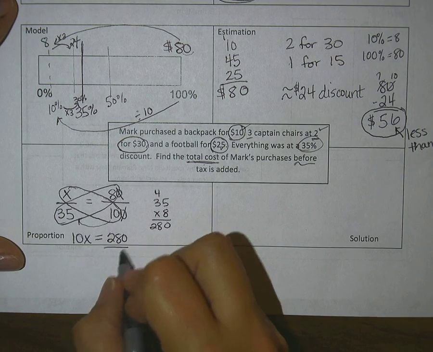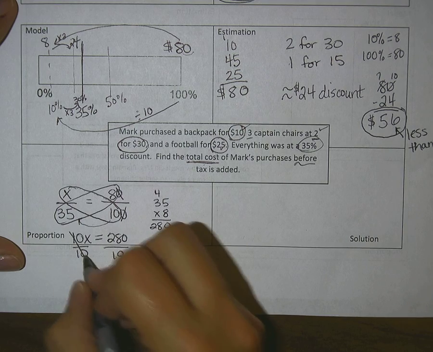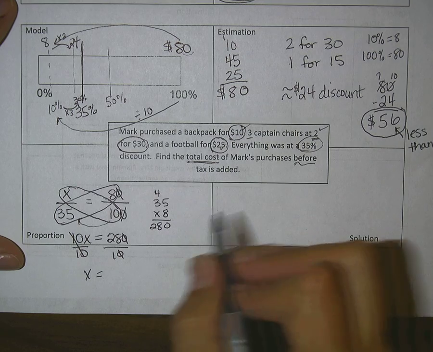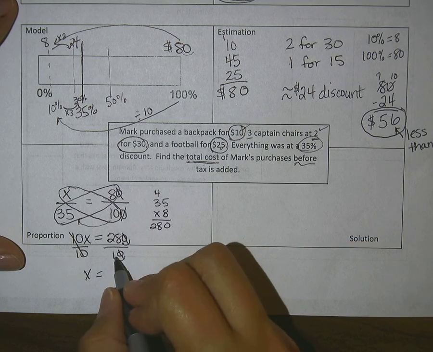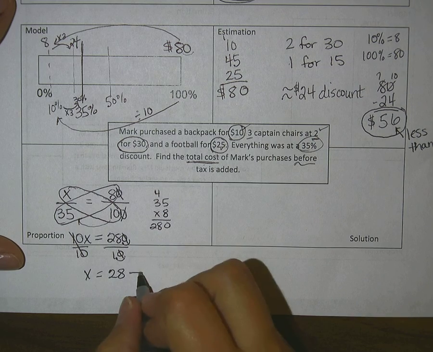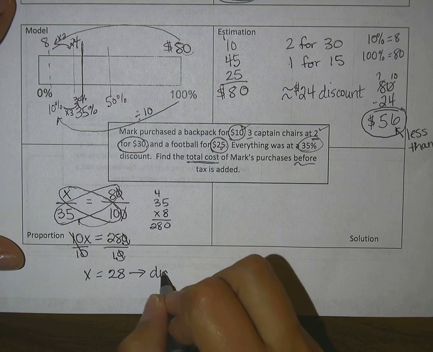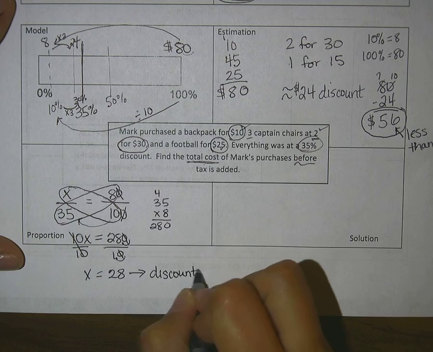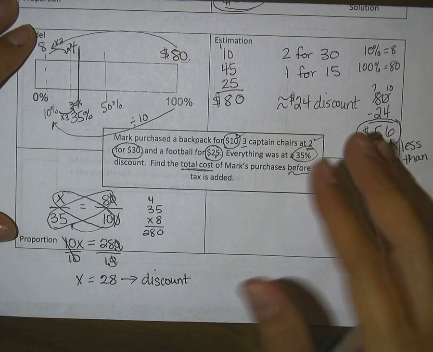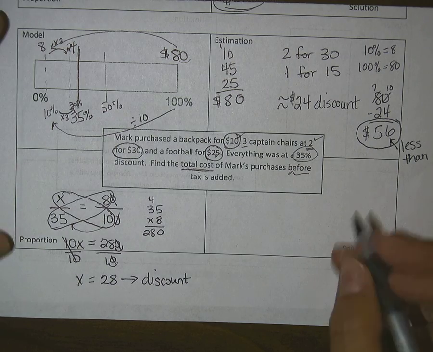And then the last step is to divide by 10 on both sides. Dividing by 10, remember, takes a 0 away or literally moves your decimal to the left one time. So I got $28, but this is just the amount that is my discount. And let's see if that makes sense. I said that the discount was about 24, so I know that I'm on the right track.